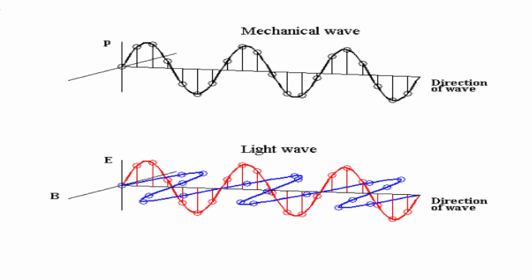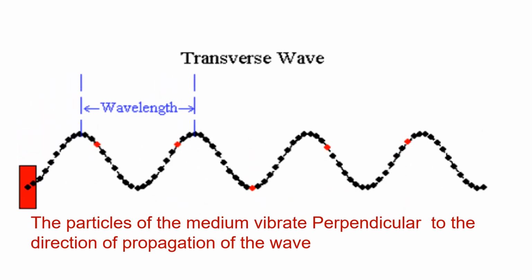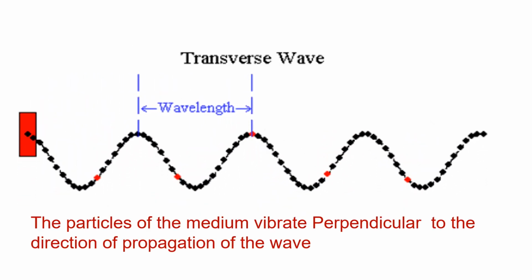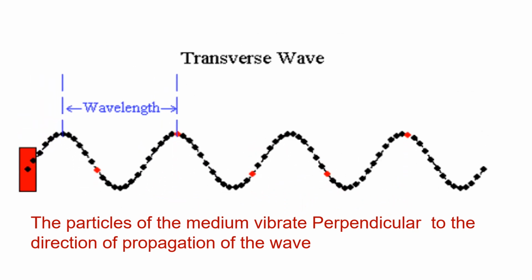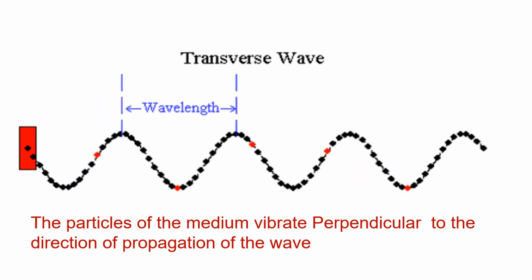Okay. Already we learnt about sound waves, those are longitudinal waves, and some other types of waves are also there, those are transverse waves. In the longitudinal wave, what we discussed, the particles of the medium vibrate parallel to the direction of propagation of the wave.